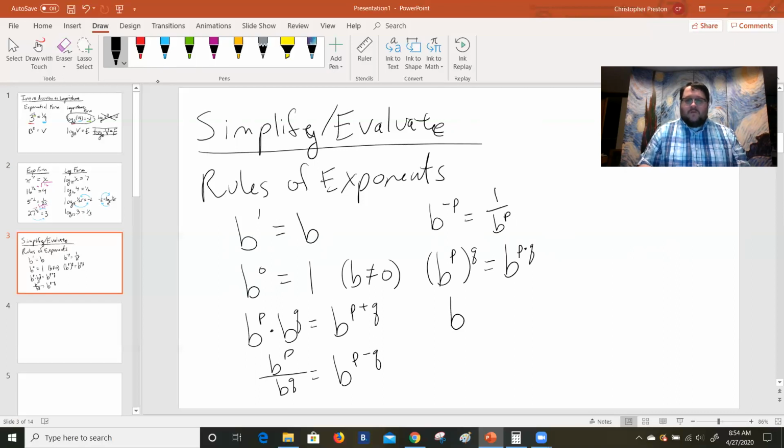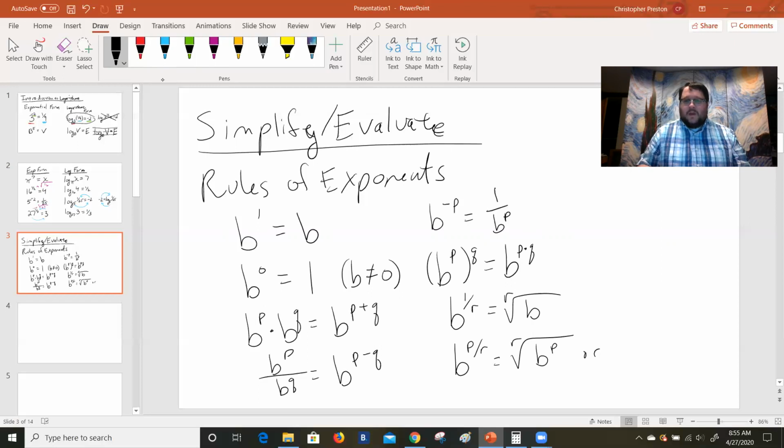If you have a base to a fractional exponent, then the denominator is your root number. So if it's 1/2, it's a square root. We don't usually write the 2, but that's what it is. If it's not 1 on top, then the bottom is your root number and the top is your power.